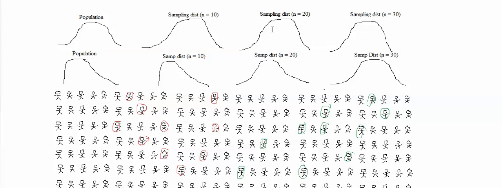And it would also be a lot of work to create this histogram, because there would be many, many possible samples of 20 people, and we would have to calculate the mean of each of those possible samples, and then we would have to put all of those samples into a histogram. So actually, all of these sampling distributions would be very hard to create, or even impossible, if the population is that big.